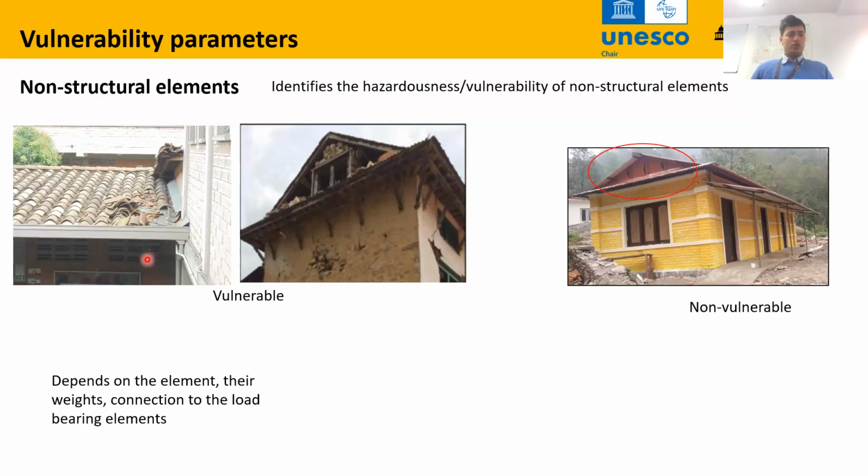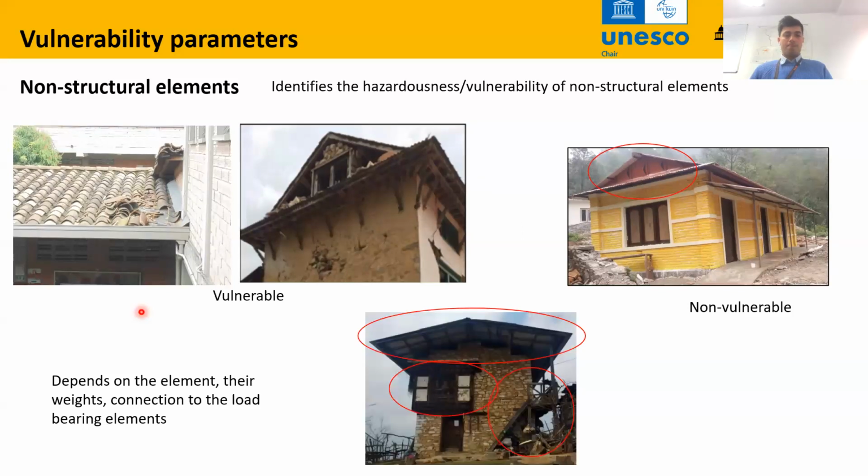The seismic resistance of non-structural elements depends on how much weight they have, how well they are connected to the rest of the structure, and so on. For example, in this building, these large heavy roofs, these structures here, the staircase here, we need to assess how much they weigh, so how much gravity load they provide, and how well they are connected to the rest of the structure.